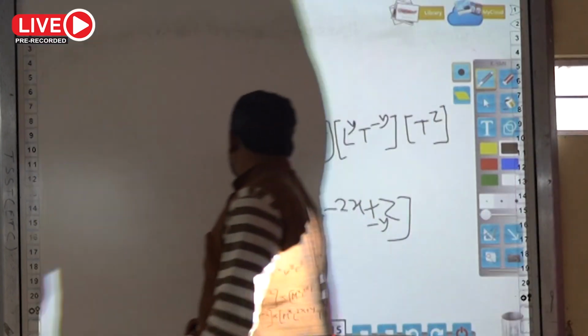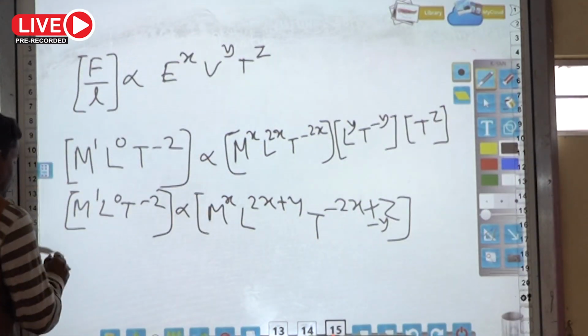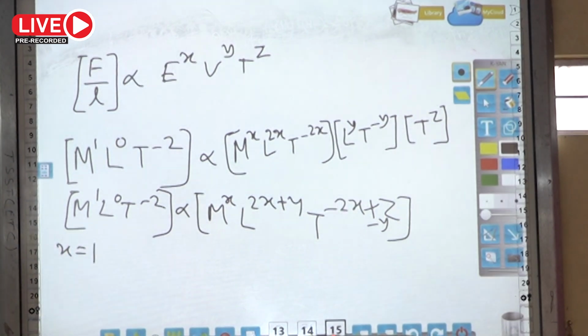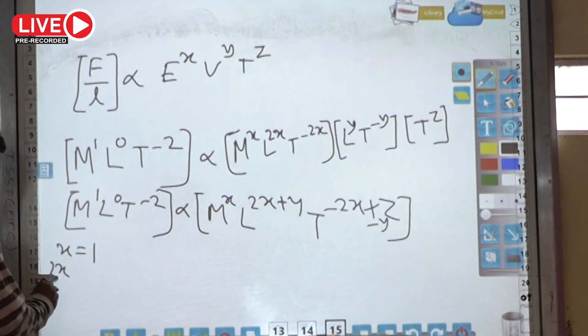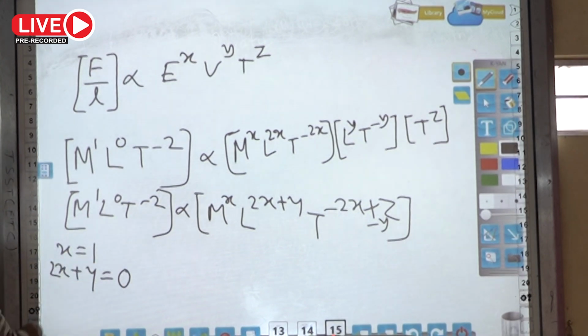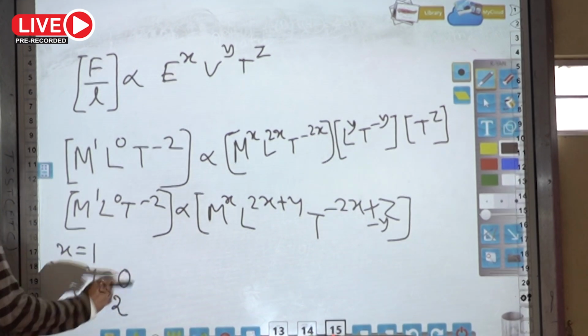Then equate the powers. Equating the powers of M will give you x equal to 1. Equating the powers of L, you can write 2x plus y equal to 0. X is 1, so y will be minus 2.